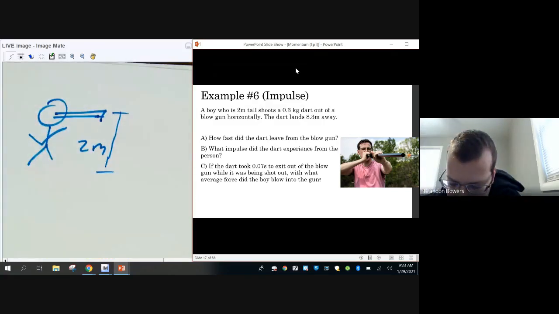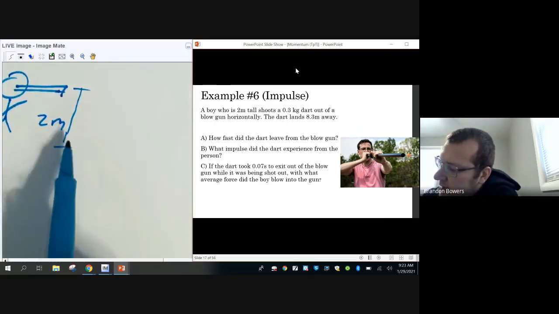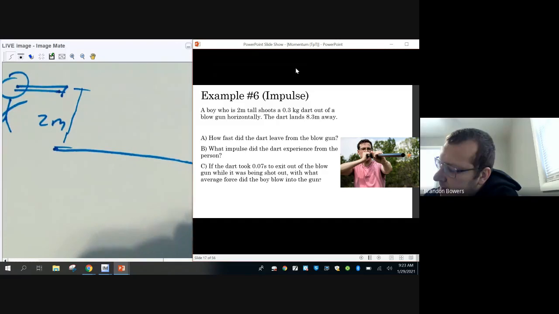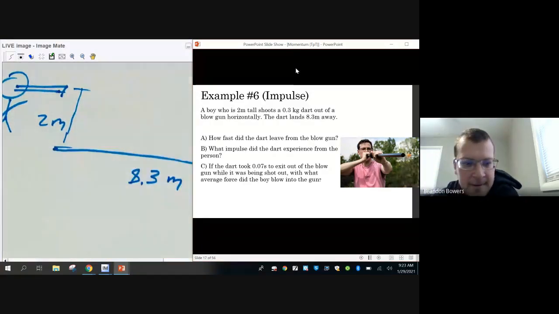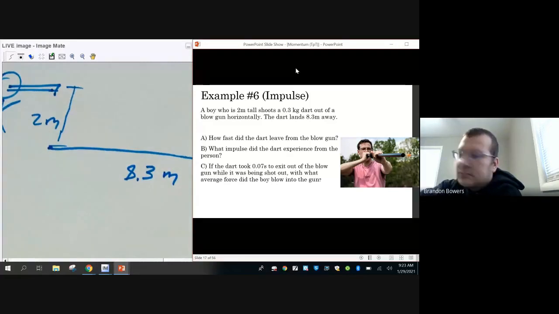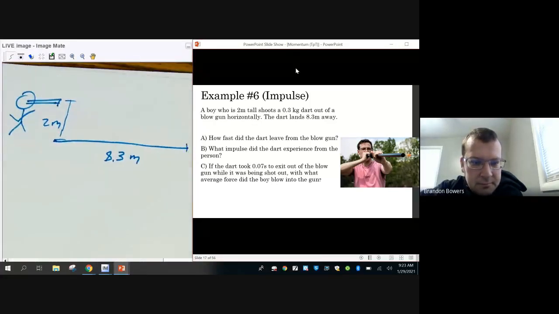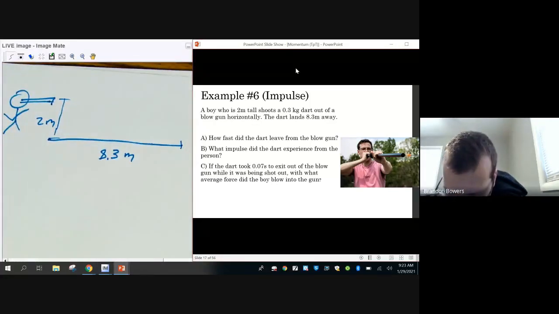He blows the dart 8.3 meters. Just getting all of my information down. We know the mass of the dart is 0.3.